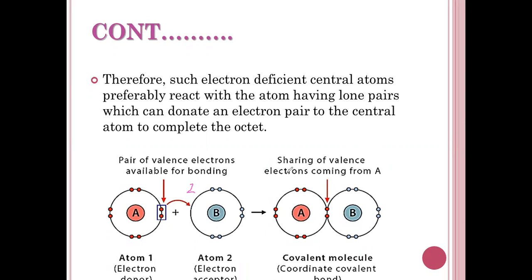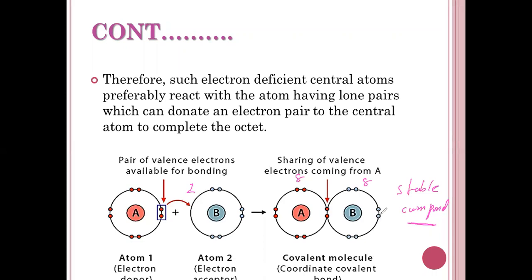Ultimately, sharing the valence electrons coming from A, they will end up with what? The octet. You can count and see here. A has 8 now, and B also has 8 now. A stable compound. You can conclude this is a stable compound.